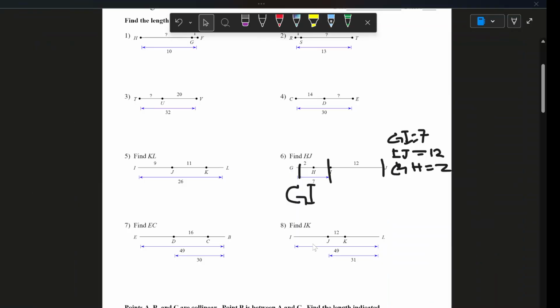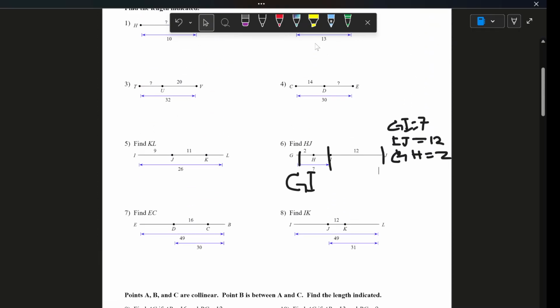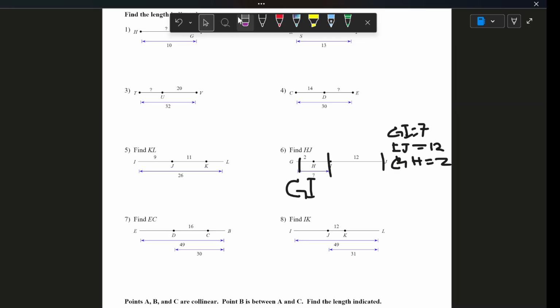All right, sorry about that. I'm back. So if you want to figure out what HJ is, let's solve this. First, what do we do? You want to figure out this whole length here. All right, cool. We can do that.